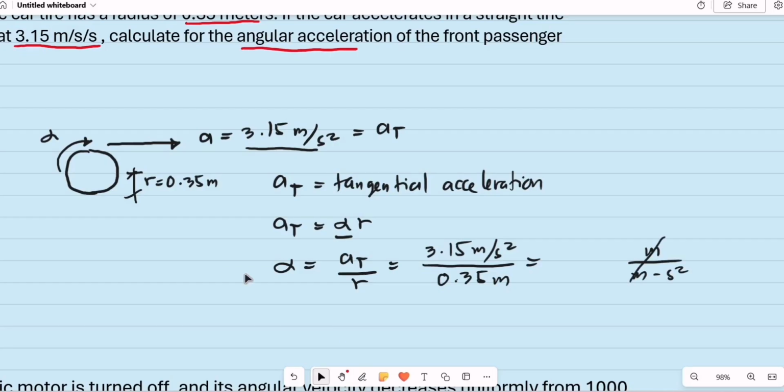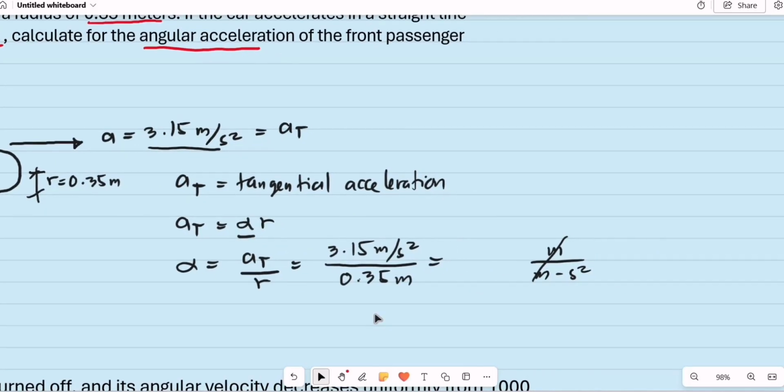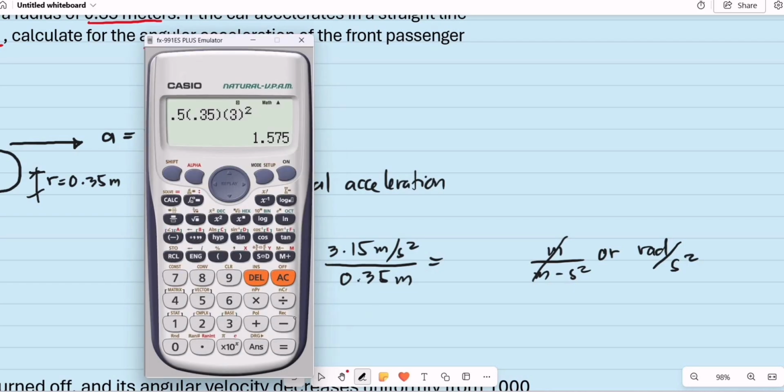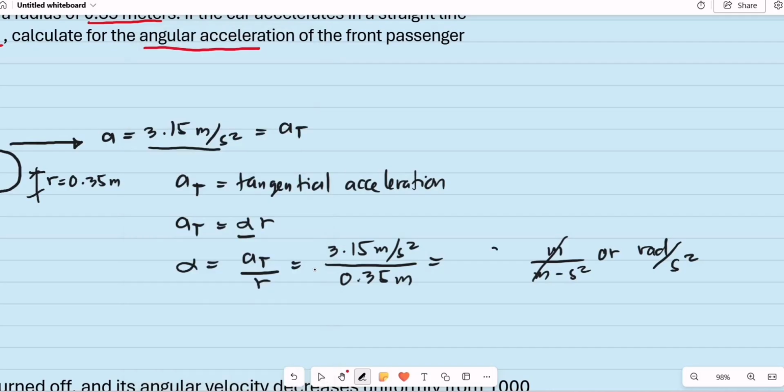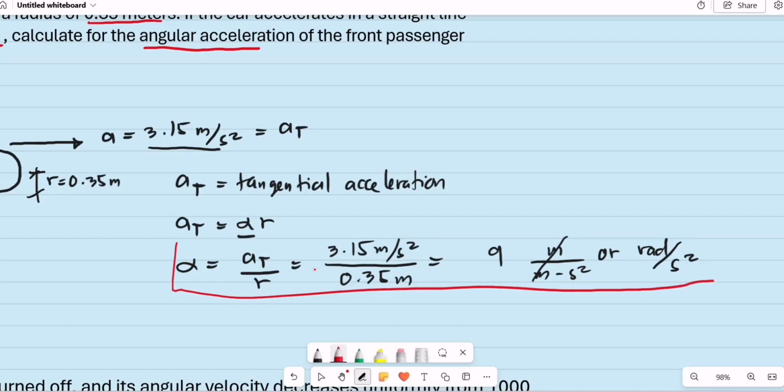But for rotational motion, meter per meter is the same as unitless, or the same as radians. So this is an angular acceleration, and it should be in radians per second squared. So we have 3.15 divided by 0.35, exactly 9. So our answer for this example should be 9 radians per second squared.